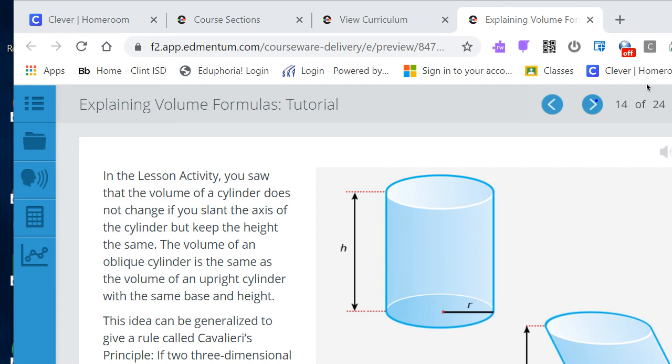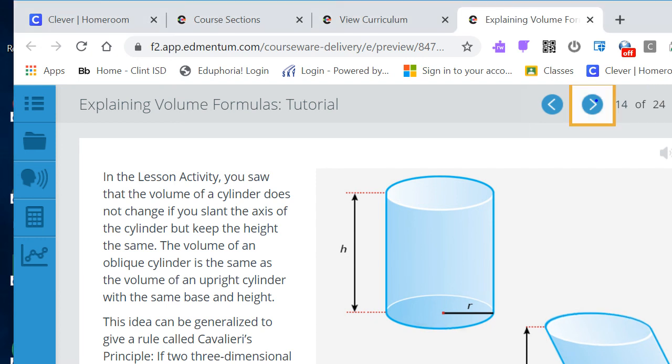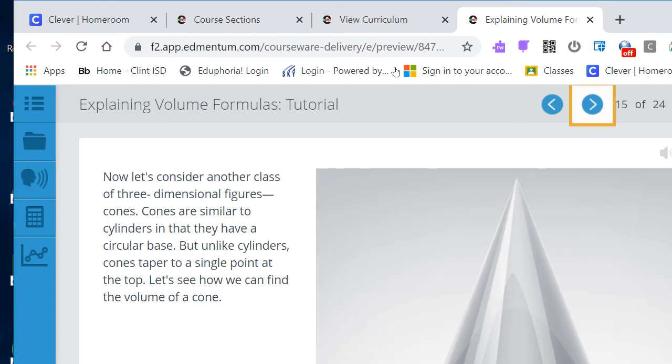They don't look the same, that they would hold the same capacity, but because the base is the same, the radius is the same length, and if they have the same height, they're going to hold the same capacity, because remember, our volume is the area of the base times the height. Doesn't matter if it's an oblique or if it's a straight cylinder. If they have the same height and the same radius, then they're going to be holding the same volume. So important to know.